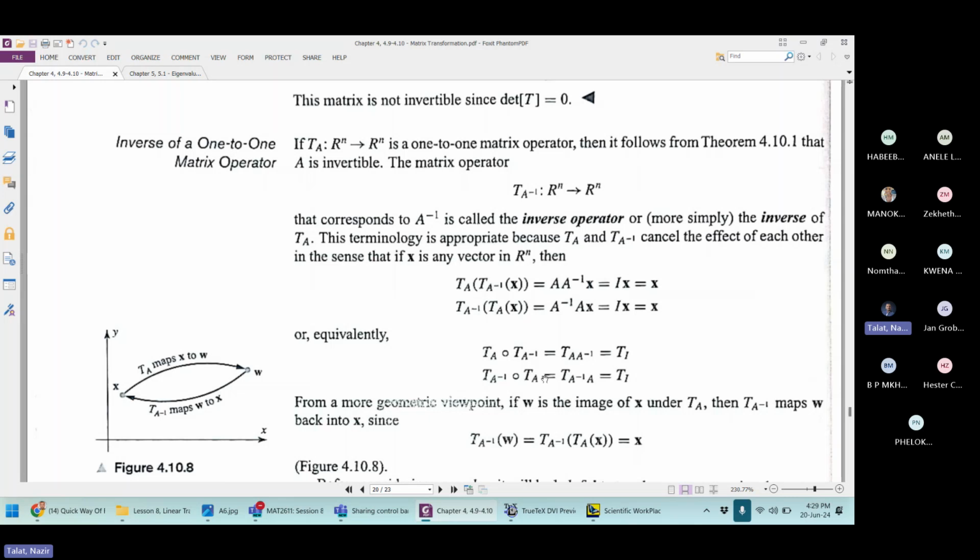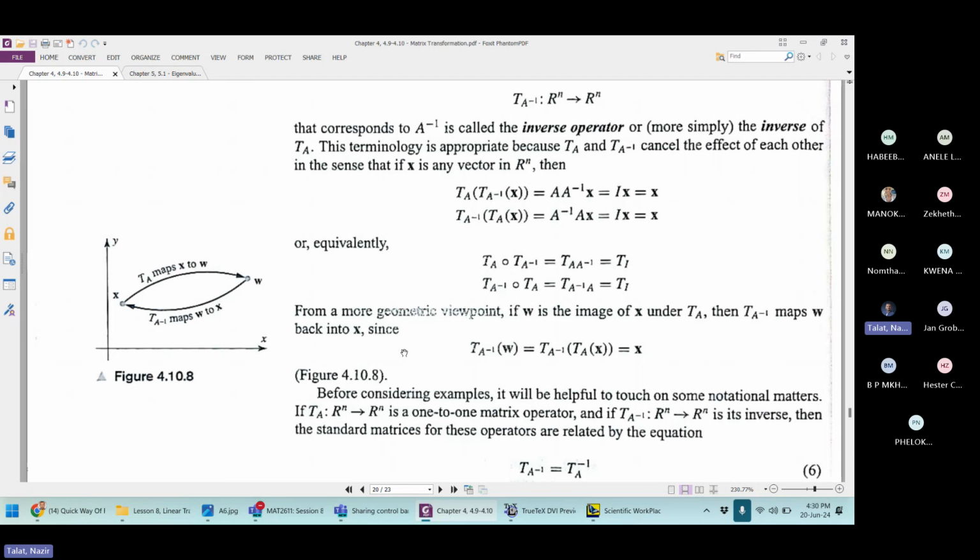So here this is a matrix transformation. TA is a matrix, TA inverse is also a matrix. Again, if TA is a mapping from X to W, then T inverse of A is a mapping from W to X. It's just reversing back the elements. And if we know the matrix A, then we can find A inverse by a simple rule.